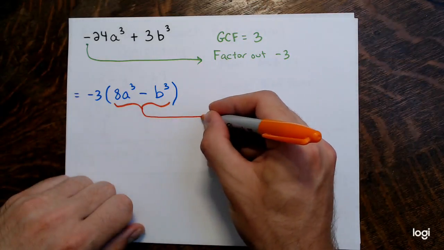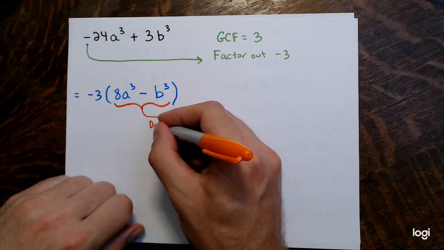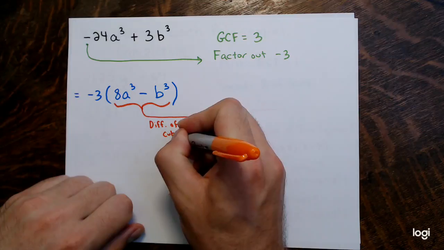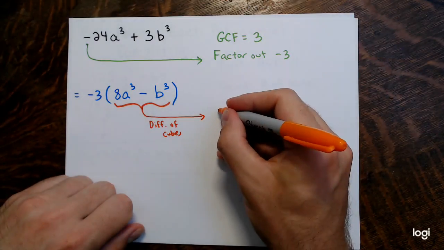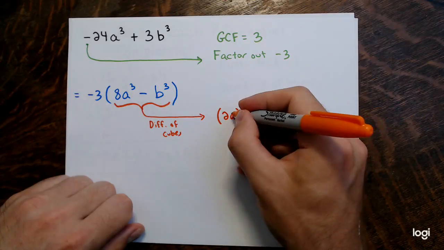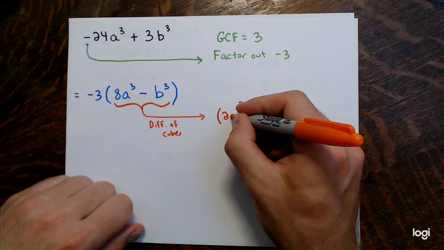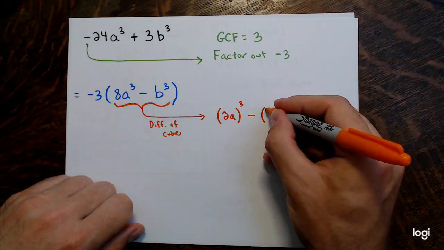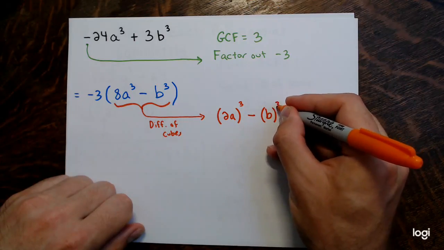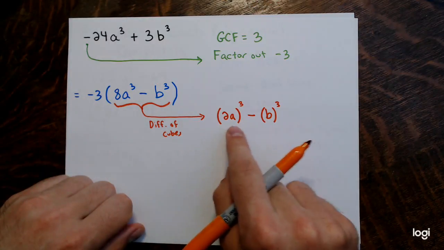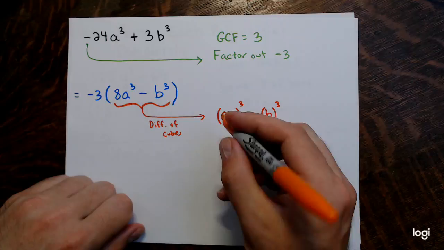This is actually a difference of cubes. 8a cubed is 2a times 2a times 2a, or 2a to the third. Minus b to the third. So it is a difference of 2 cubes.